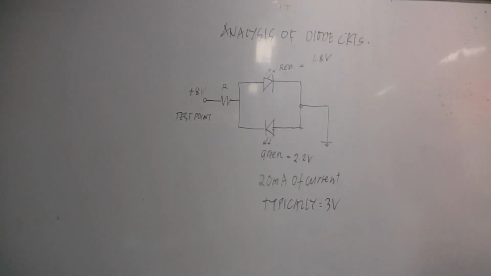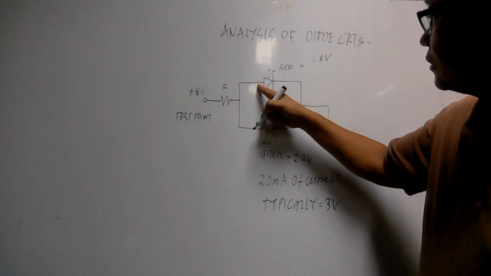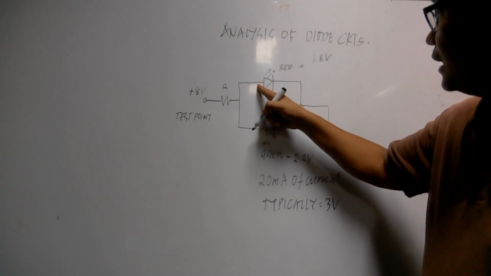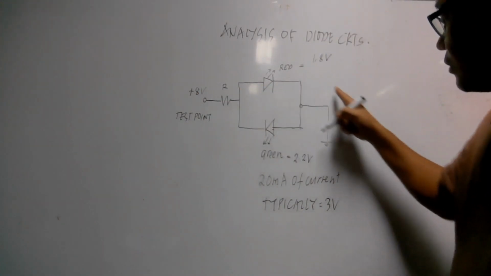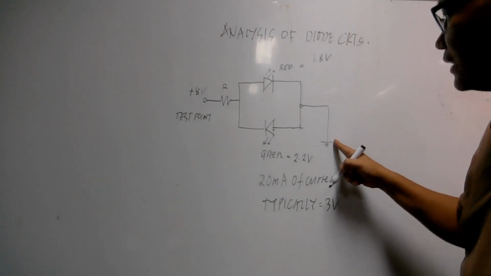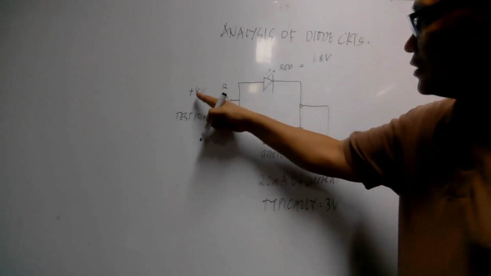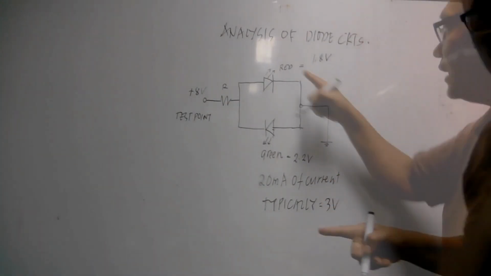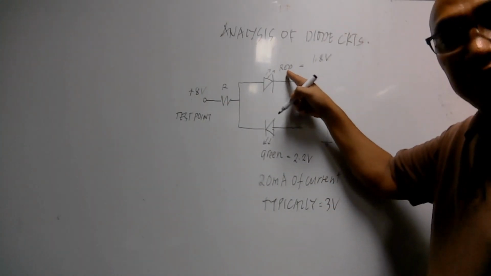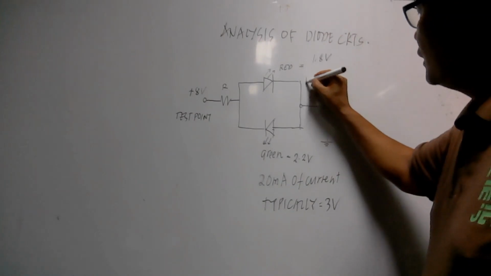Considering these parameters, our test point is now connected to positive 8 volts. The anode of the red LED is connected to the positive of the supply and its cathode is connected to ground or negative, and since it's 8 volts and this one requires only 1.8 volts, then we can say that the red LED is in forward bias.